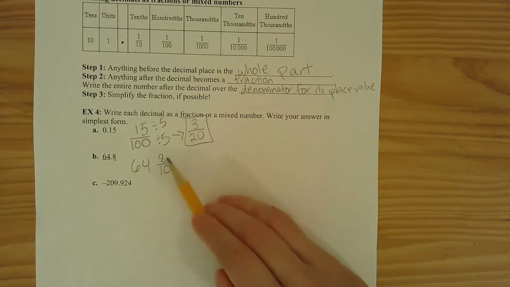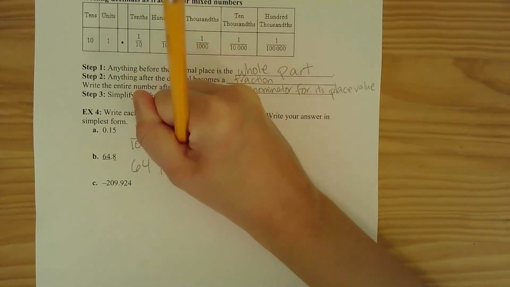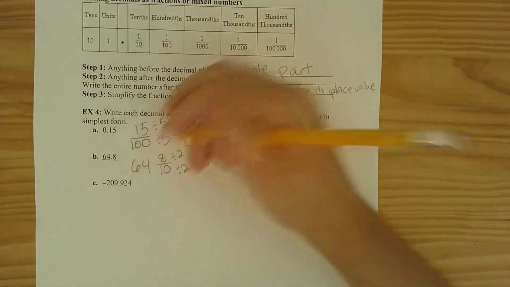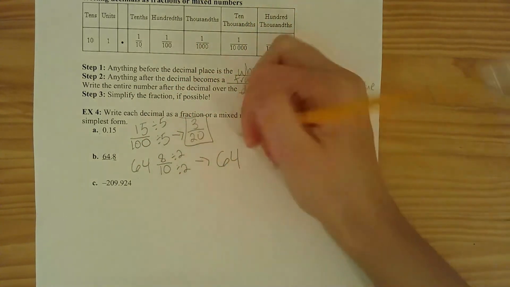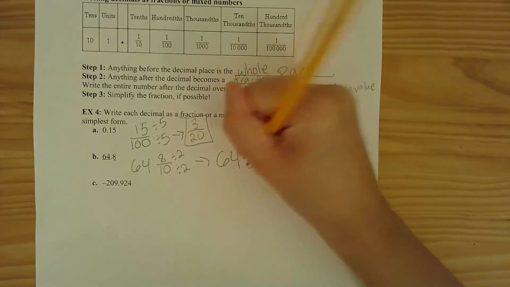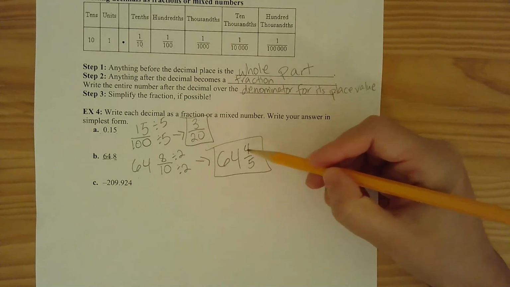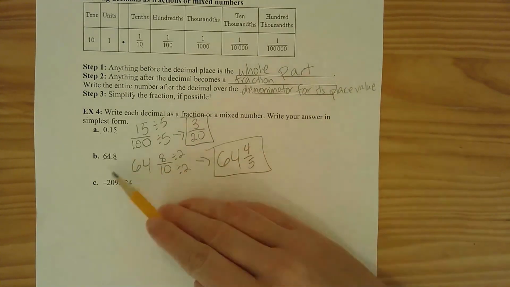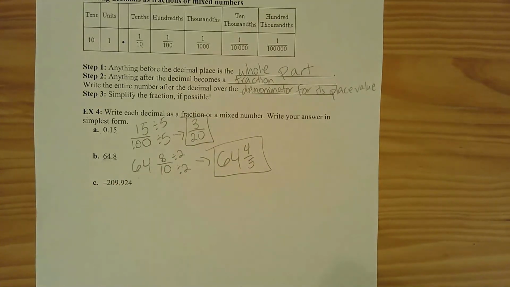But the fraction, the 8/10ths, you can simplify. 8 and 10 are both divisible by 2. So I'm going to divide by 2 and divide by 2. So like I said, it'll still have a 64 as the whole part. But 8/10ths simplifies to 4/5. So that's our final answer, 64 and 4/5. If you want to put that in your calculator, I would probably just work on this 4/5. 4 divided by 5 will give you 0.8. And then the 64 should match, okay?